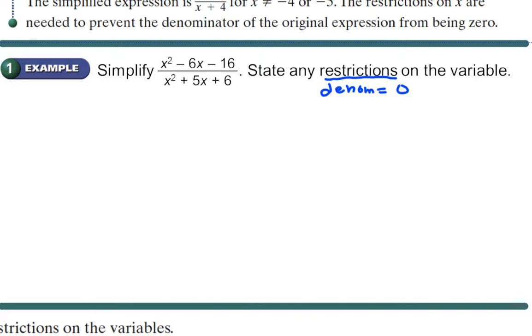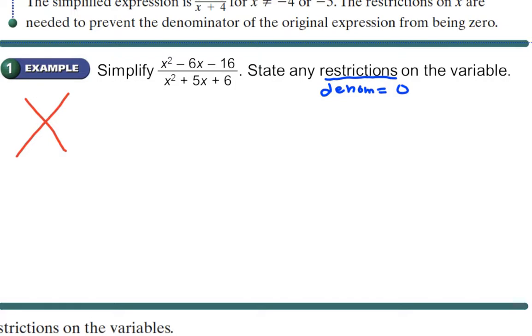All right, now let's take a look. This is obviously a trinomial, and so is the denominator, so we are going to need to factor that. There's a variety of ways to do that, and you can use any method that you prefer. I'm going to use the x method that I showed in class on Friday. Remember, up here is where your AC goes, and the A is 1, C is negative 16.